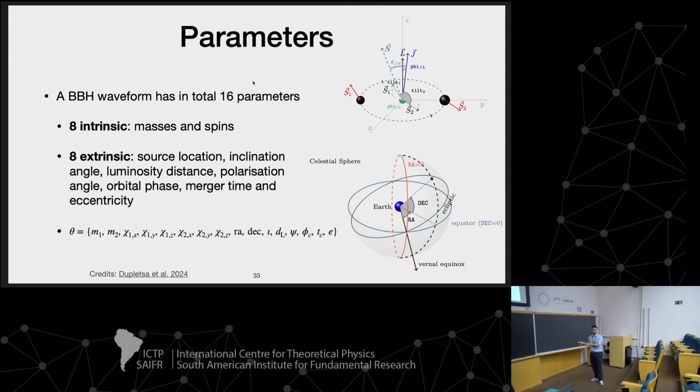This is just for a black hole. So with one gravitational wave signal, you get information on 16 parameters, which is fascinating in my opinion. With neutron stars, you also have tidal deformability parameters, so you have even more parameters defining your waveform.